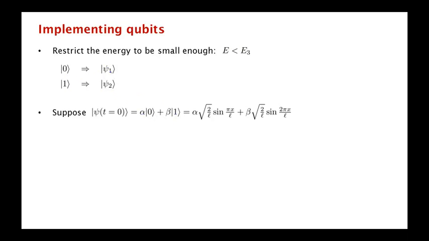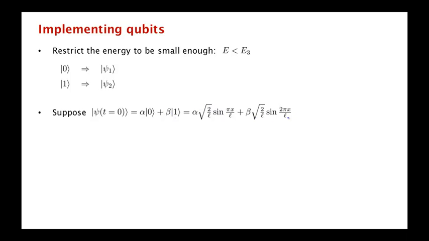The 0 state is psi 1, which is of course a continuous quantum state, right? Its wave function is this normalization times sine pi x over L. And similarly, the 1 qubit state is given by this normalization times sine 2 pi x over L.